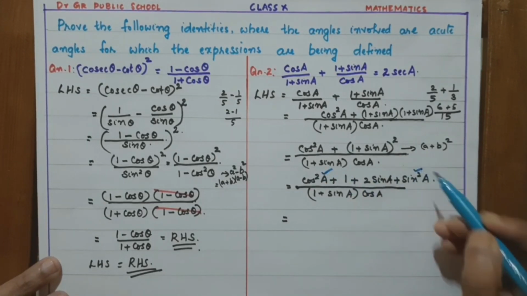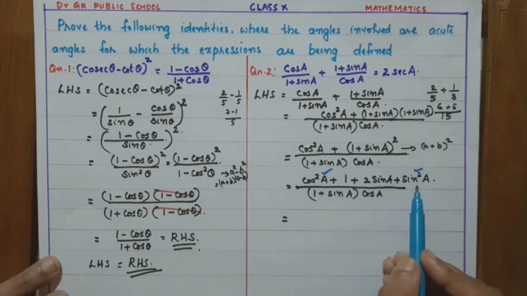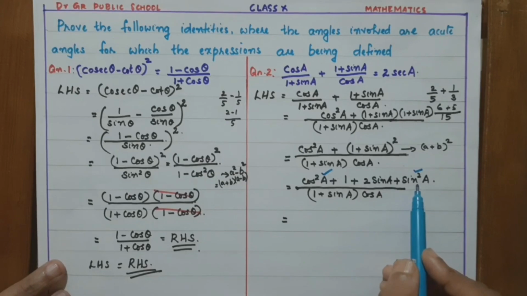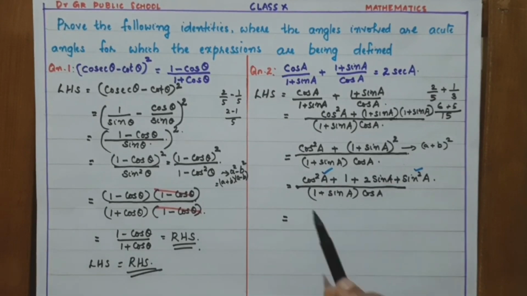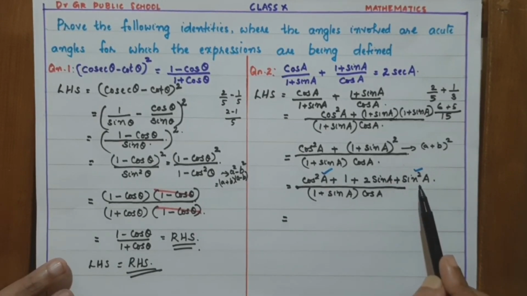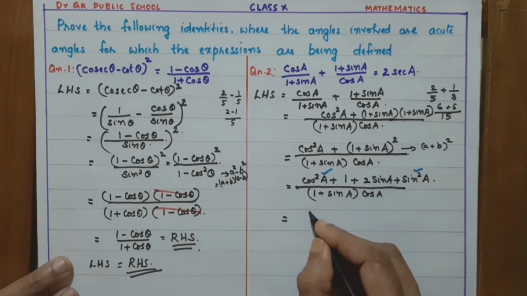Now it is equal to, see children, we have to group this cos square A and sin square A. We know what is cos square A plus sin square A, or what is sin square A plus cos square A? 1. So instead of this cos square A plus sin square A, we can write 1.